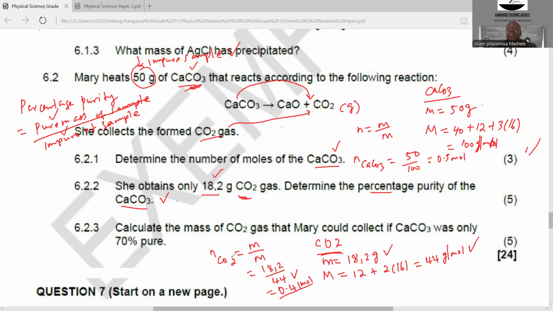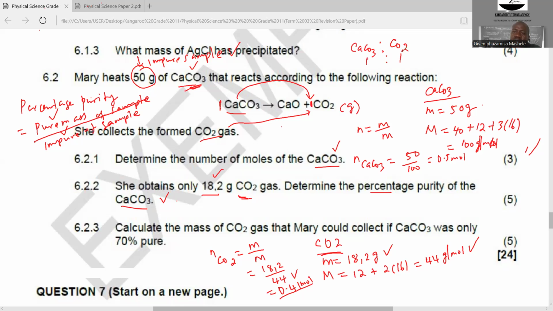But we are not interested in the carbon dioxide, we're interested in the pure calcium carbonate. So we're going to compare calcium carbonate with carbon dioxide according to the reaction. It shows that 1 mole of calcium carbonate produces 1 mole of carbon dioxide. So we say 1:1.